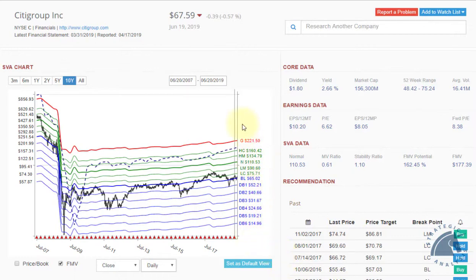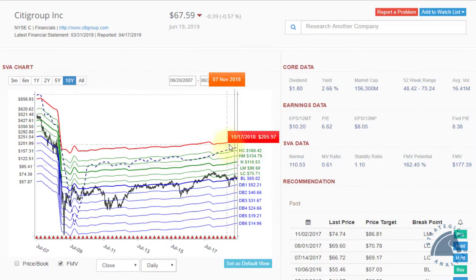Now, finally, poor old Citigroup mustered up enough strength here to get over the blue price and actually ran up a couple of breakpoints to what we call the low mid price, and that's roughly about 0.8 times book value.